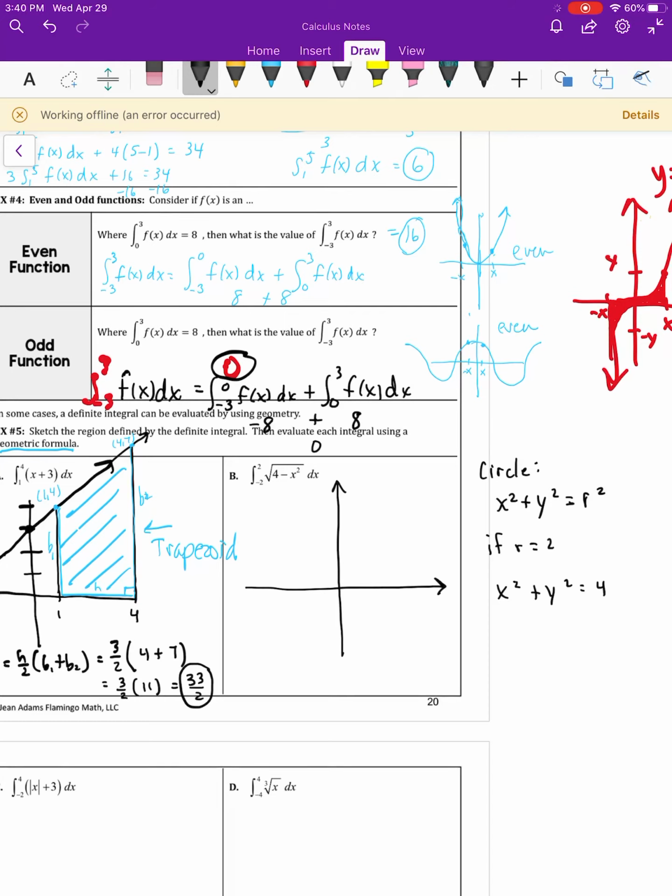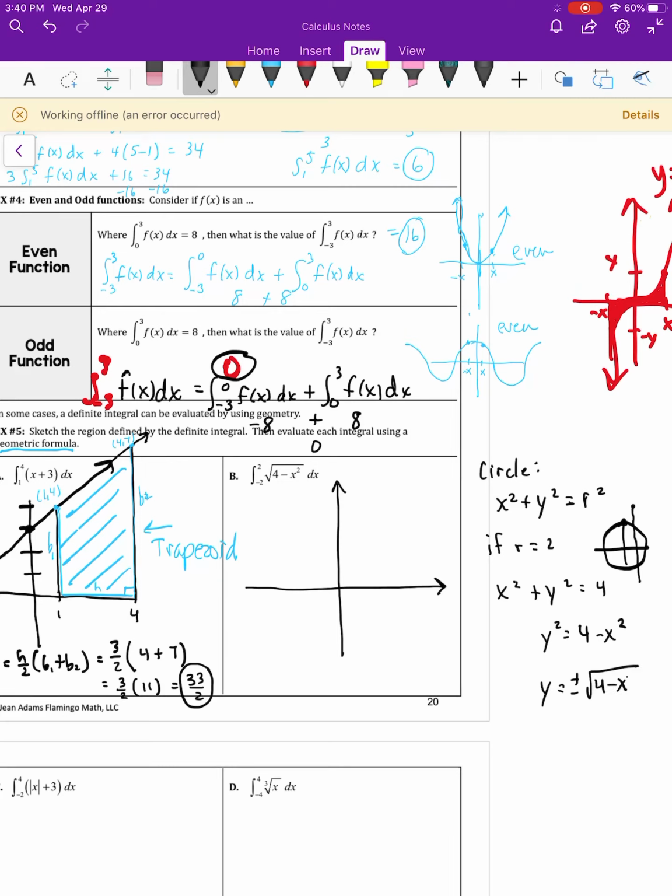If I wanted to try and trick my calculator and put this in, because right now this circle with a radius of 2 is not a function. It fails the vertical line test, but I can trick my calculator.